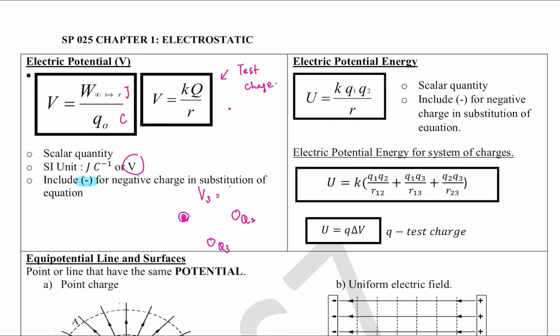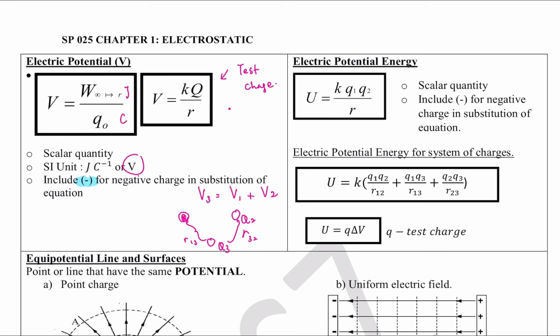So V dekat 3 sama V1 plus V2. So V1 ni R dia will be the distance from Q1, dan R ni R13, dan V2 ni R dia will be R23, itulah the distance. So ingat, kalau ada berapa banyak charge yang ada, kena total up the total electric potential on the charge.